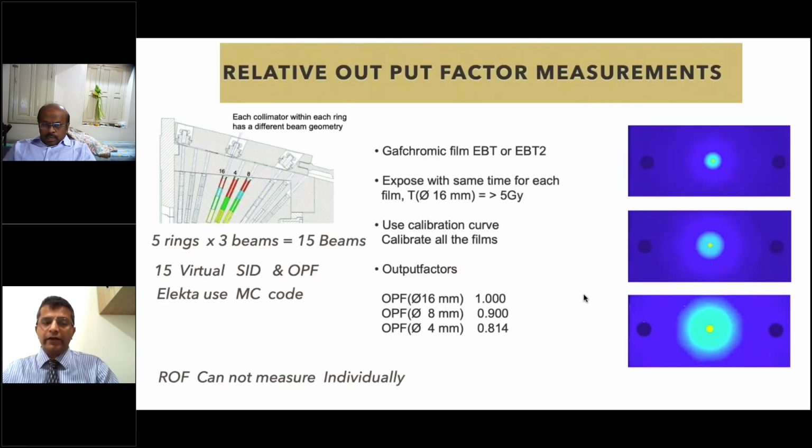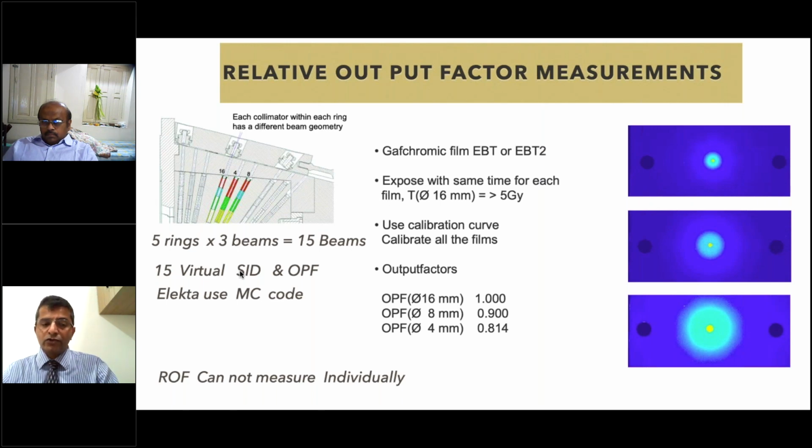So talking about the relative output factor measurements, as I have mentioned, each collimator has 3 different beam geometries. So when we try to estimate the virtual SID, the source to isocenter distance, there will be many more values which we cannot estimate in an ordinary clinical setup.